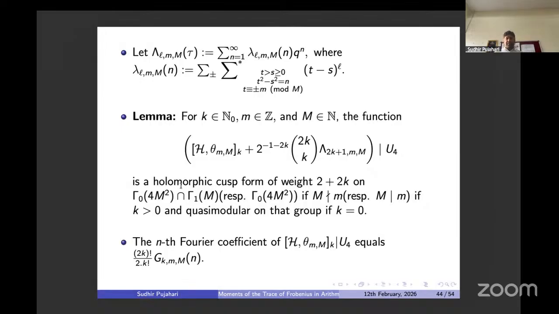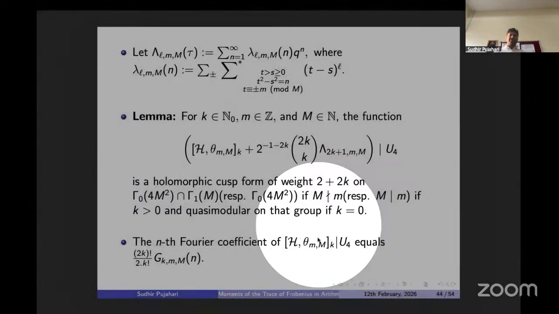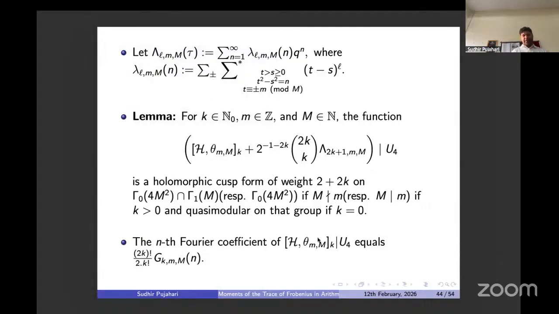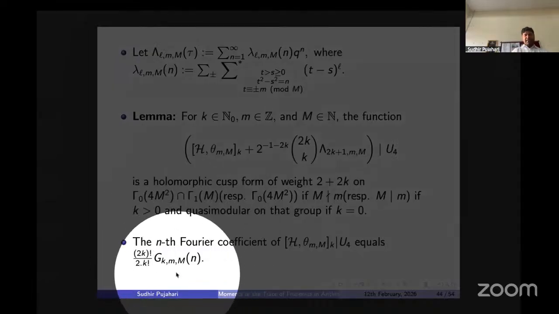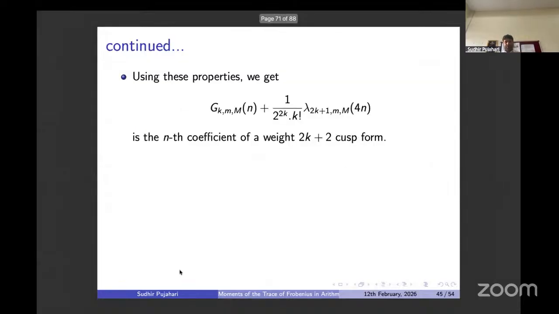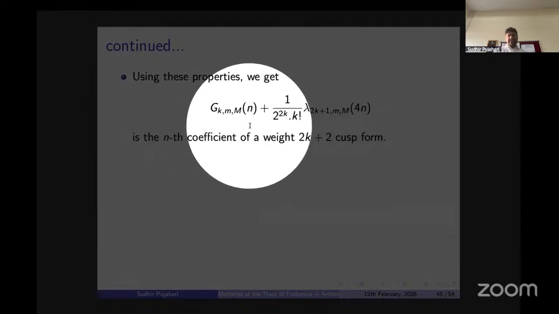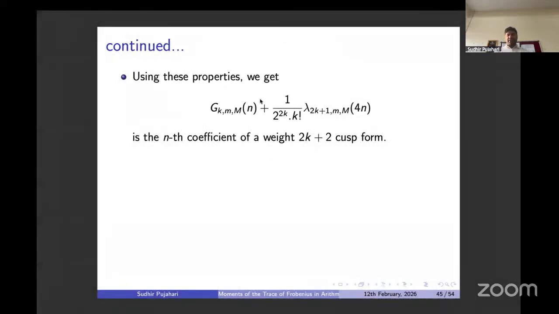In other words, basically what we have to show is that for this Rankine-Cohen bracket of the generating function of the Hurwitz class number and the theta after hitting the U operator, the nth Fourier coefficient can be written in terms of the G. Once we have that, if you add this quantity with G, this is precisely the Fourier coefficient of a cusp form of weight 2k plus 2.